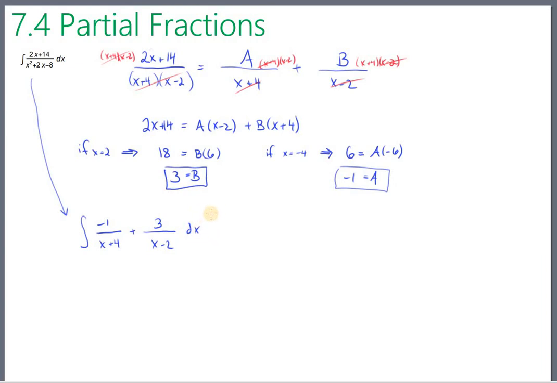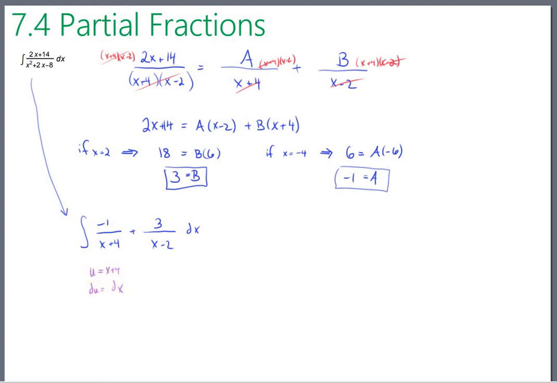Much easier integrals to do. Again, tiny little u substitutions like in the last video. Not going to be too hard to work out. And I think I might not even finish working those out. Well, here, let's do at least one of them. So this one, u would be x plus 4, and du would be 1 dx.